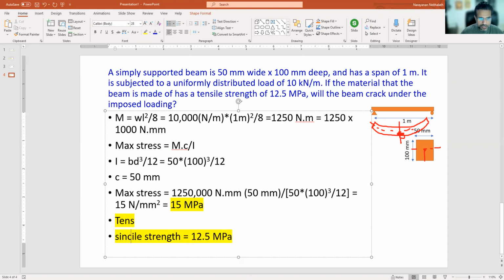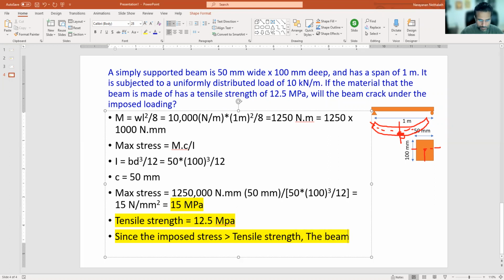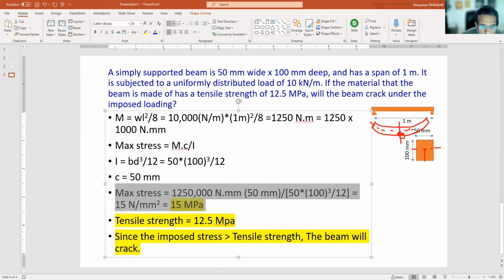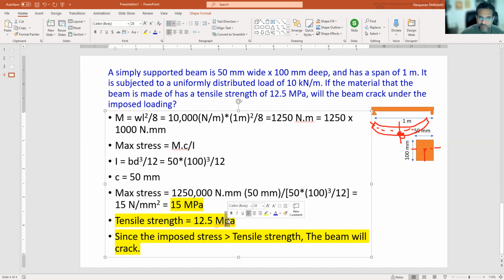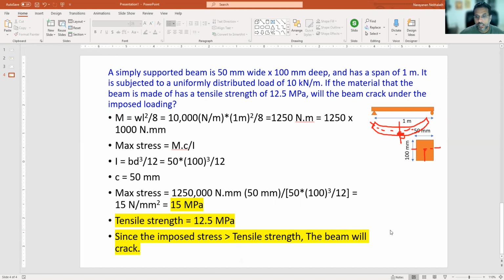Therefore, since the imposed stress that you've calculated is greater than the tensile strength, the beam will crack. If the maximum stress that you got here is lower than the strength, it will not crack. If the calculated stress is higher than the strength, you will crack.